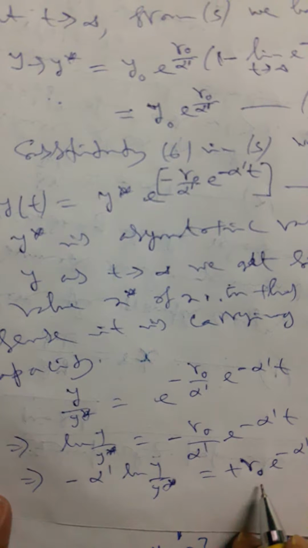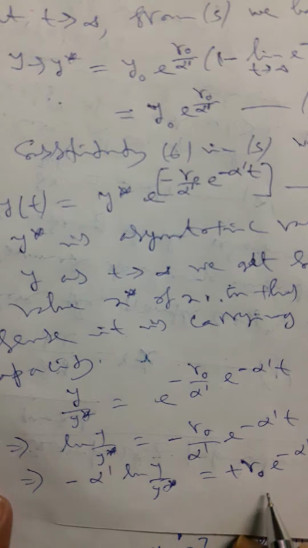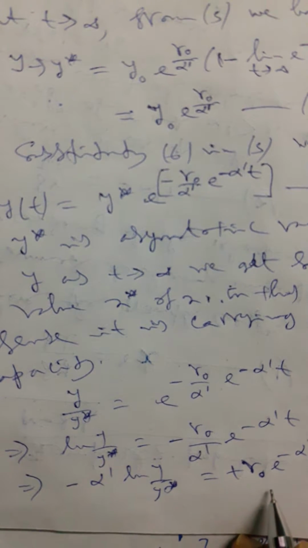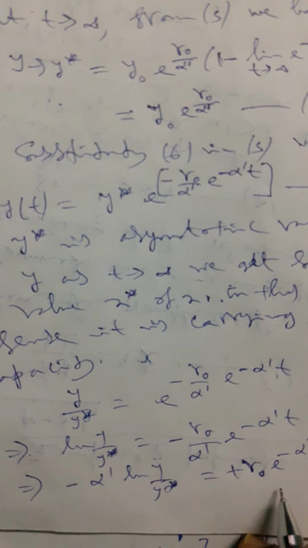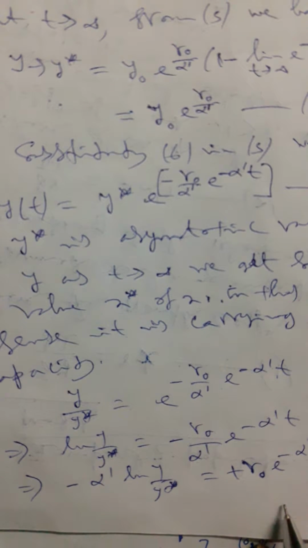If we substitute this value into the Gompertz equation, dy/dt equals r0 into e to the power minus alpha dash t into y, we get an alternative form.